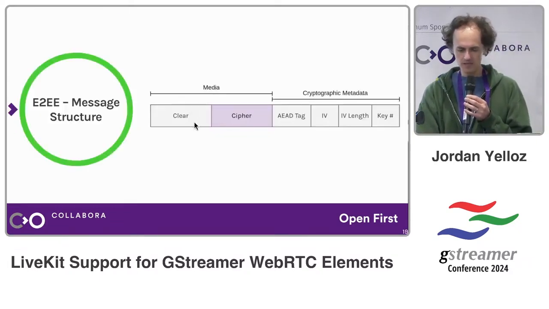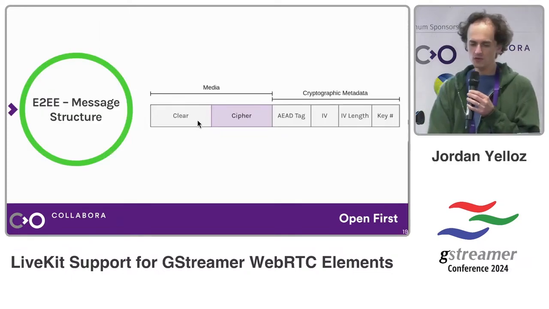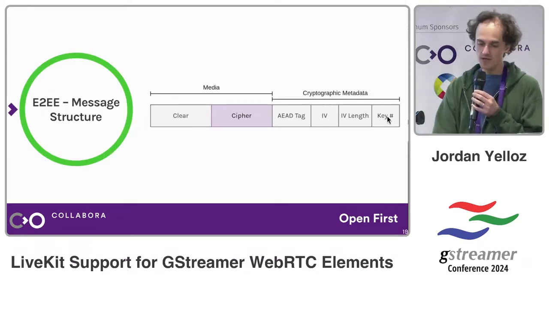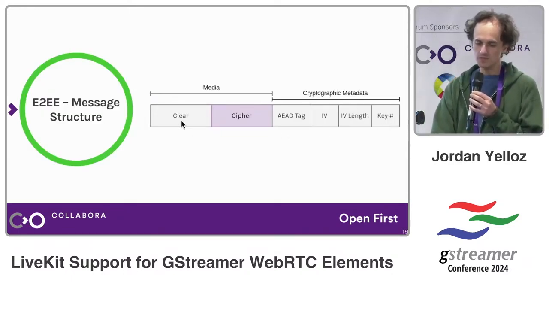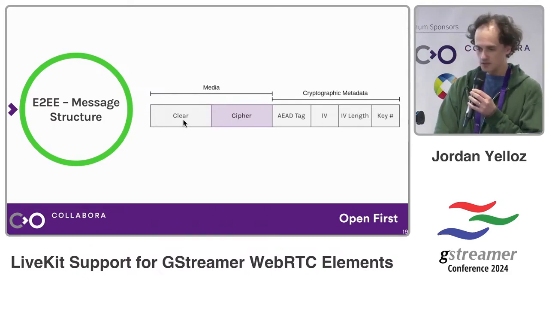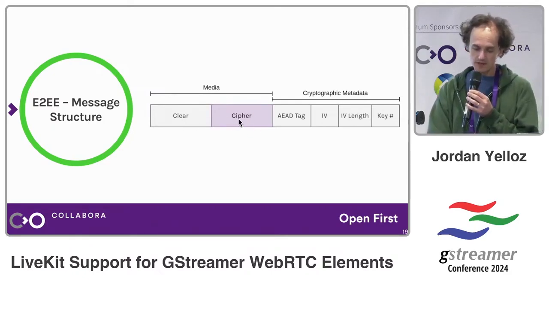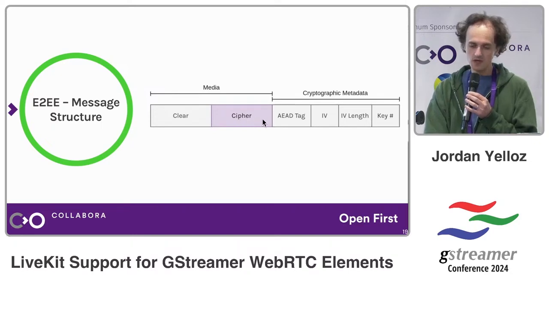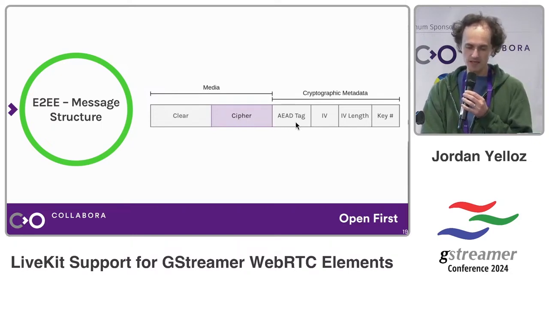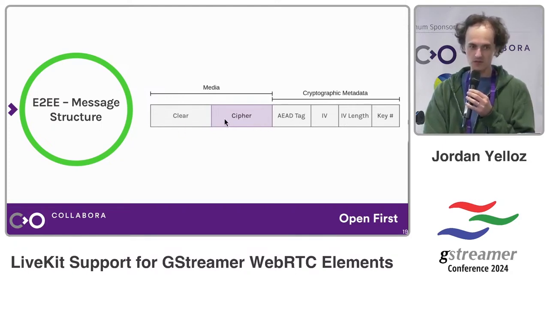So here's the layout of an individual frame that comes through encrypted based on their scheme. The beginning is clear text. The rest of the media section is encrypted. After that, they include this AEAD tag, which is basically like a checksum that verifies the entire message.